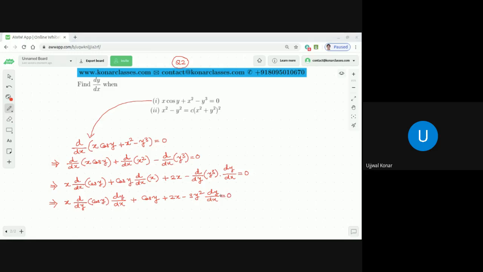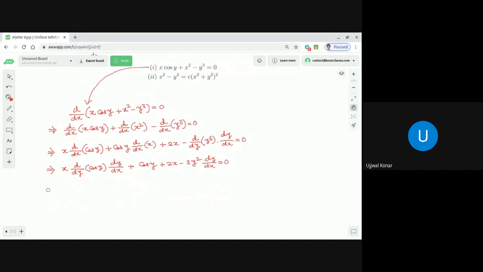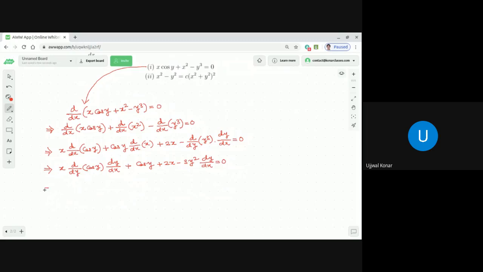So what we can do is that d/dy of cos y is equal to minus sin y. So this implies minus x sin y into dy/dx, and minus 3y squared dy/dx.